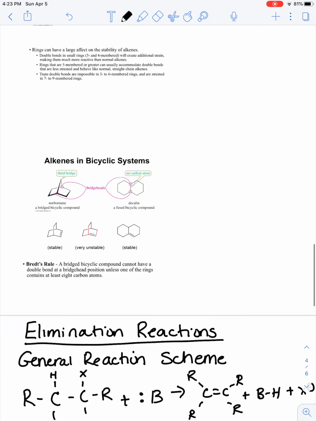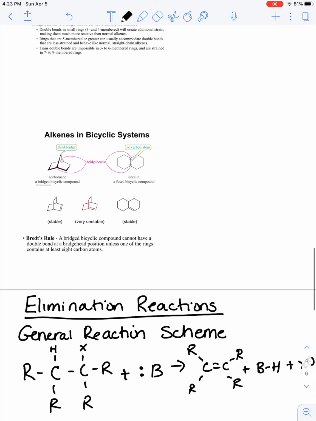If we look at alkenes in bicyclic systems, a trans cycloalkene is not stable unless there are, again, typically at least 8 carbon atoms in the ring. Another term that we have to talk about is bridgehead carbon atoms. What a bridgehead carbon atom means is that we have 3 links connecting them.